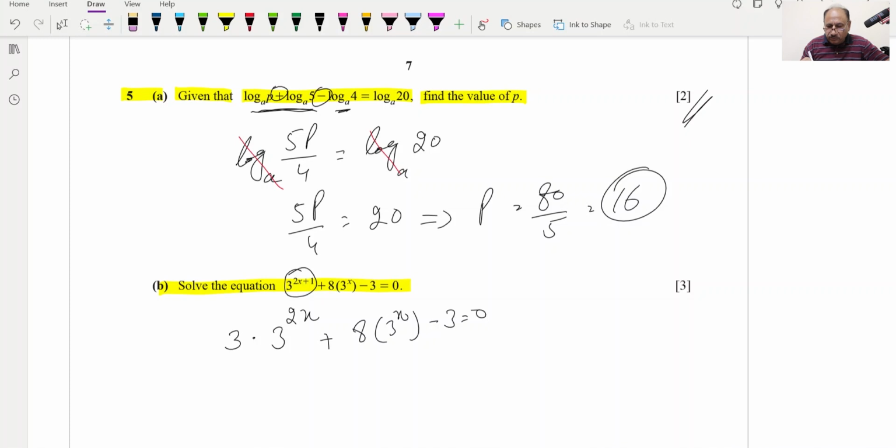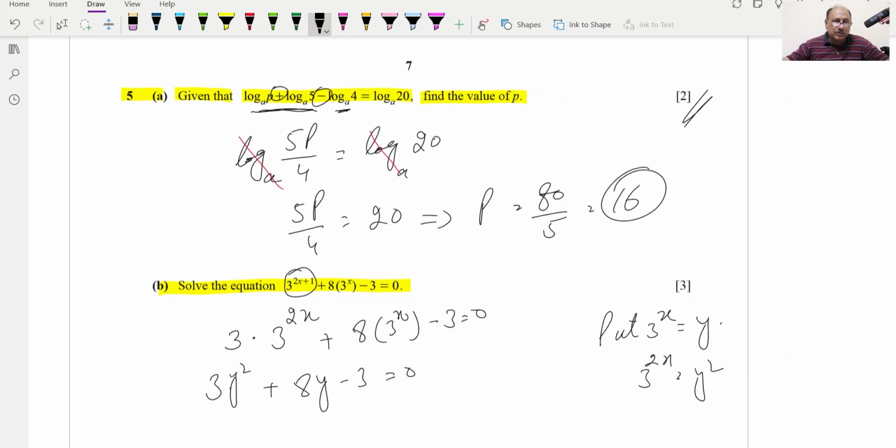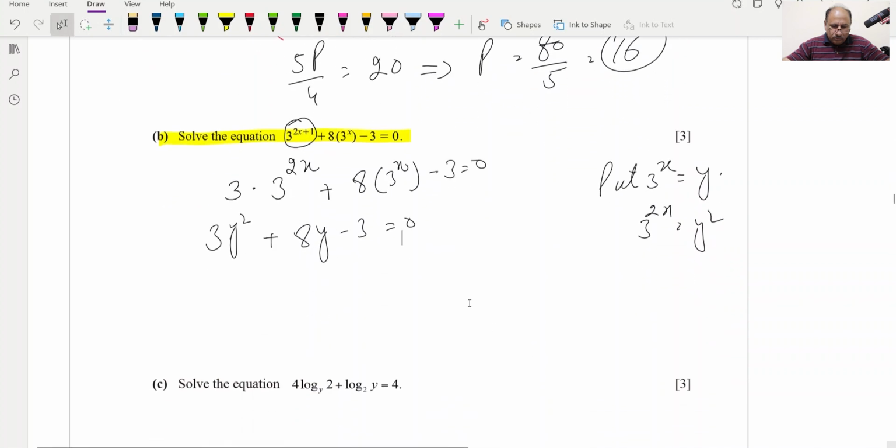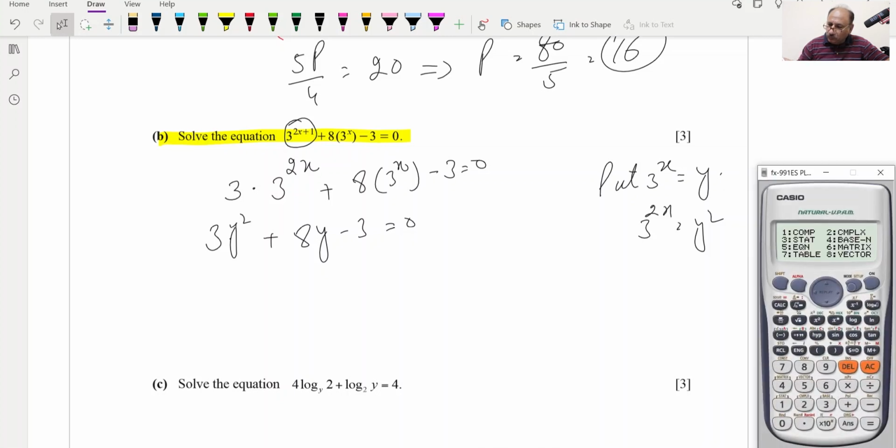So we can put 3 raised to the power x is equal to y. So our equation will become 3y squared, because 3 raised to the power 2x will be equal to y squared, plus 8y minus 3 is equal to 0, and this will be a new quadratic equation, which we can simplify and find the solution of this equation.